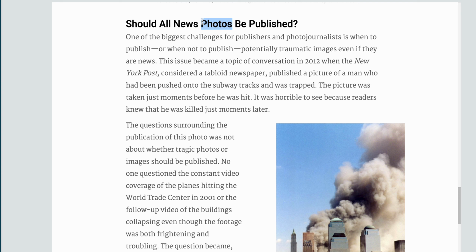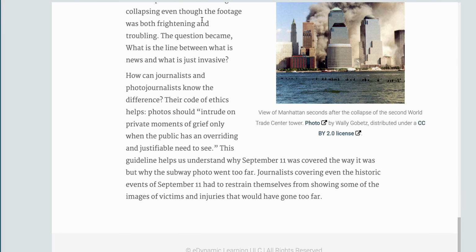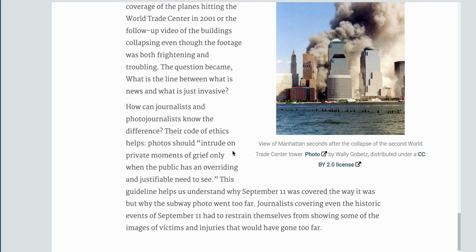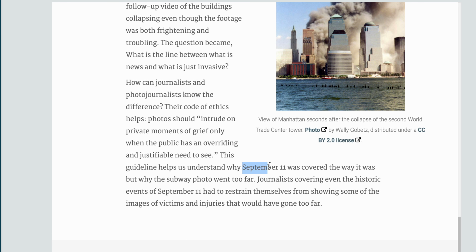After respecting privacy, taking the permission of the people who appear, if this photo will harm, if you remember, minimize harm, if this photo is going to harm anybody, this photo is not supposed to be published. And here, if you give examples, you can find examples of what happened in September 11.